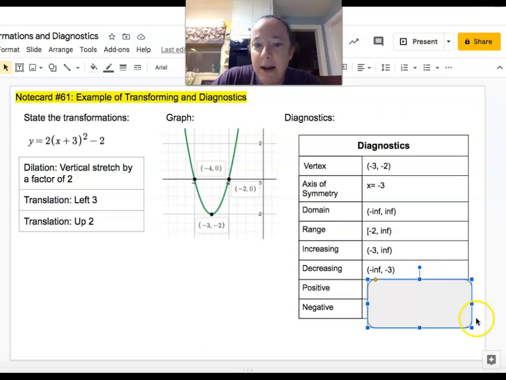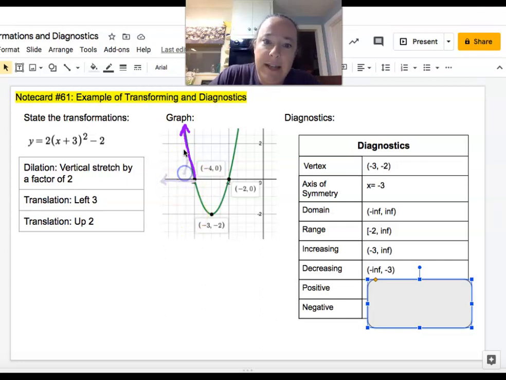Now, where is this thing positive? Where does this thing lie above the x-axis? Well, that would be here, and that would be here. So, let me get my little drawing tool. I'm going to try again. This right here, that is above the x-axis. If I were to smush that down to the x-axis, all of that would be covered. And then I have another positive interval right here. If I were to smush that down to the x-axis, all of this would be covered.